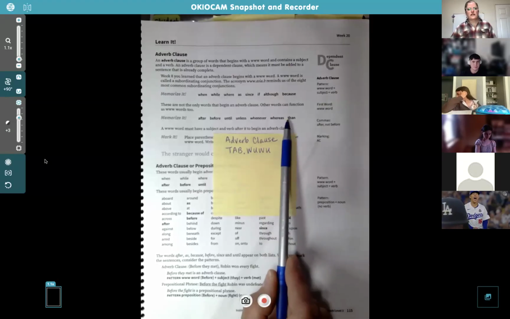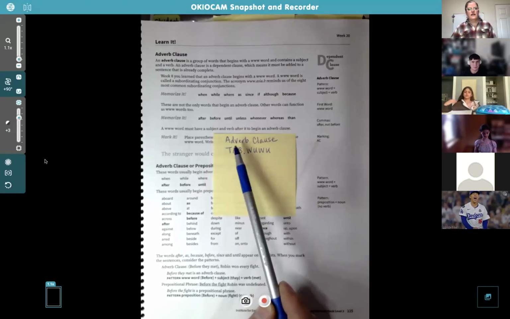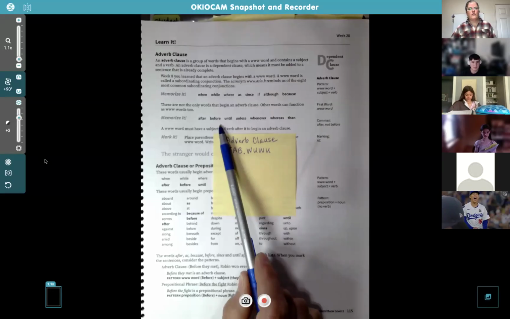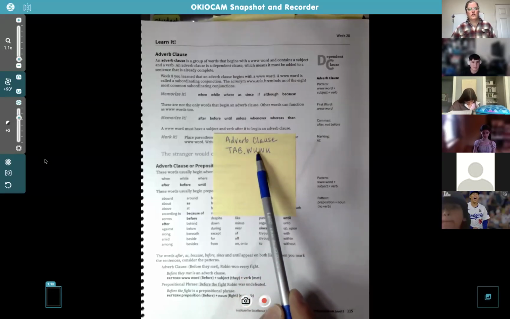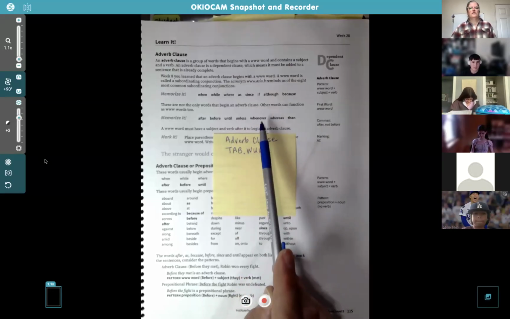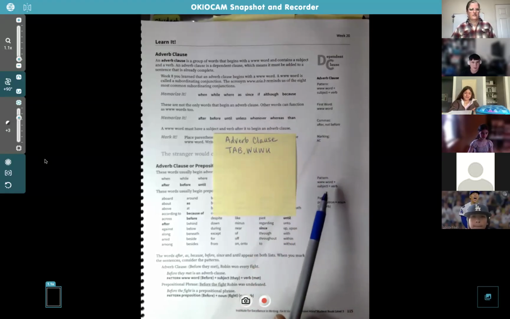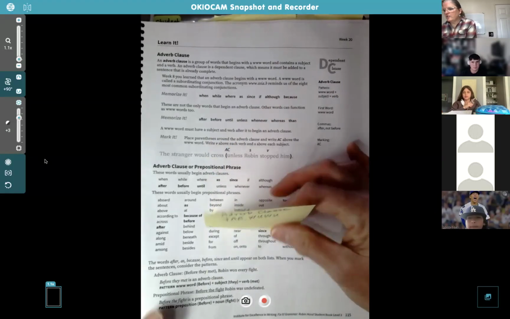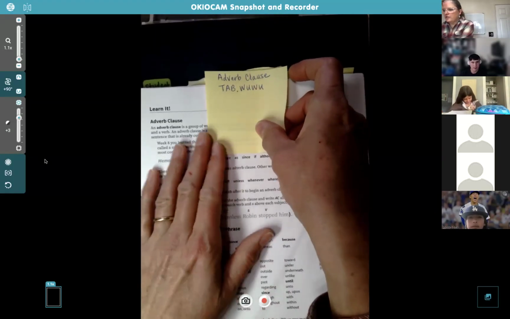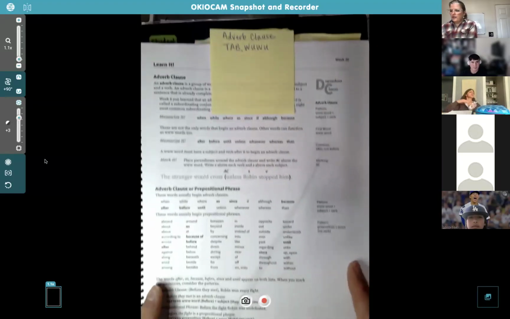So it stands for these letters. T is than, A is after, B before, and then WU is whenever, until, whereas, unless. All right. So once you got that, let's just stick it at the top here, and you can come back to this if you need to.